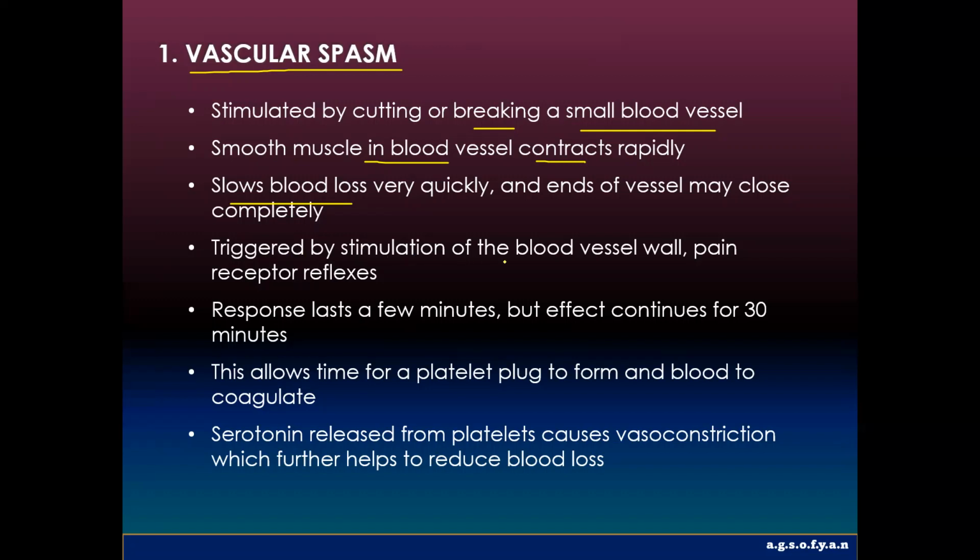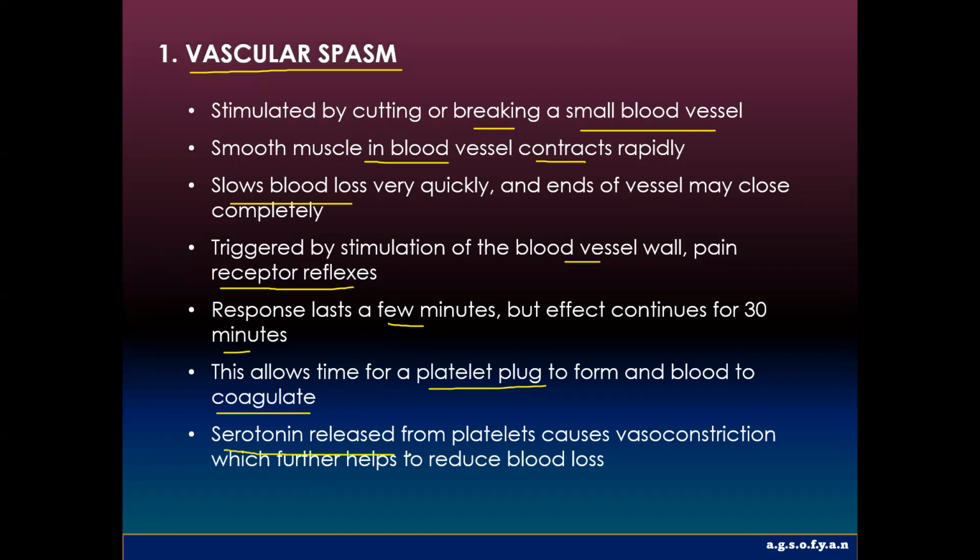It is triggered by stimulation of the blood vessel wall and pain receptor reflexes. The response usually lasts for a few minutes, but the effect continues for about 30 minutes. So this allows time for the platelet plug and also blood coagulation, or clotting of the blood.